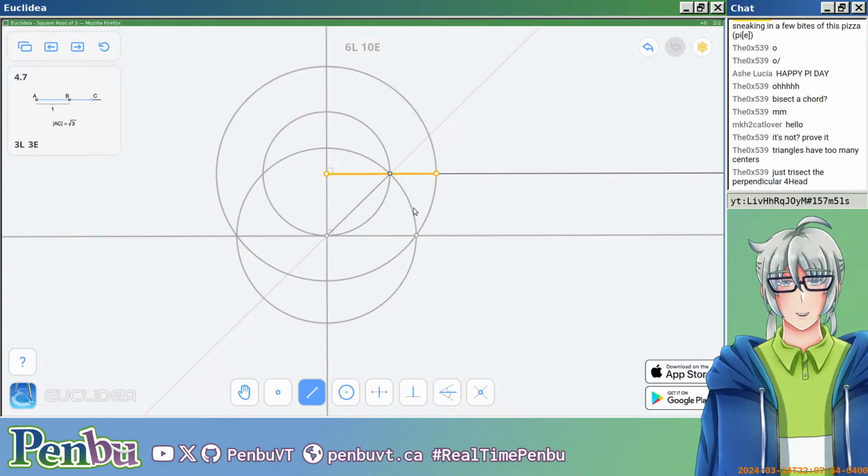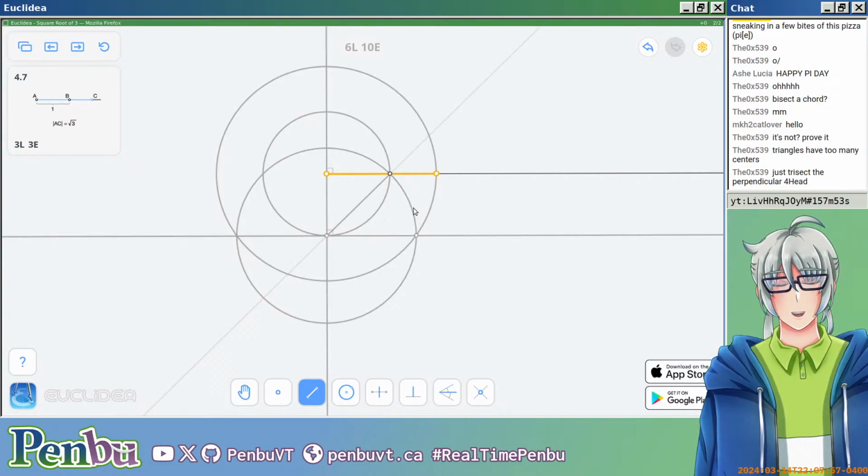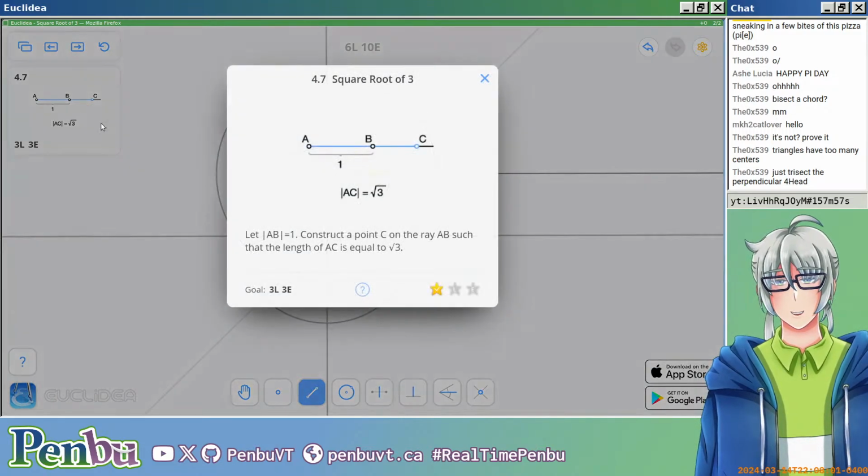How do we do that in fewer moves? I don't know. At this point, I don't really want to try to figure it out.